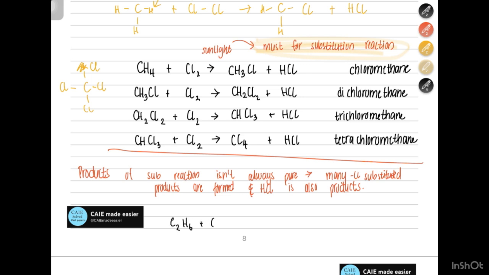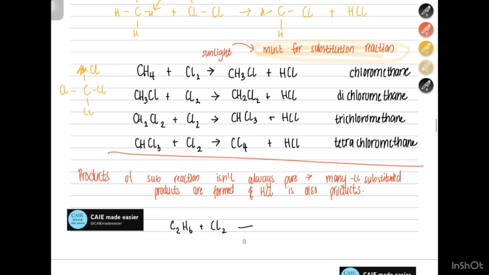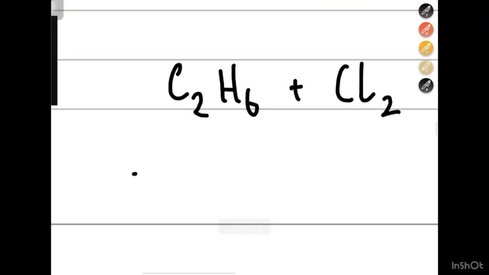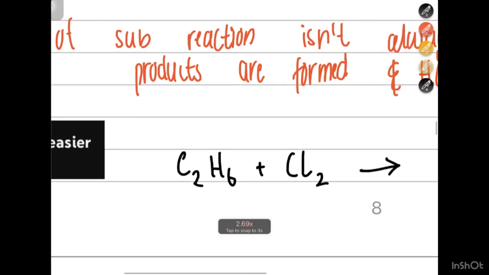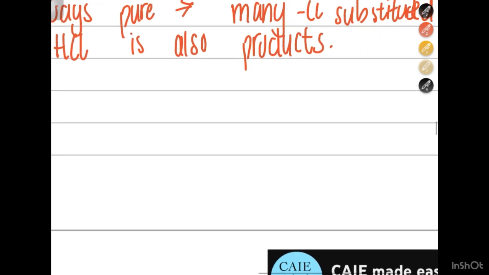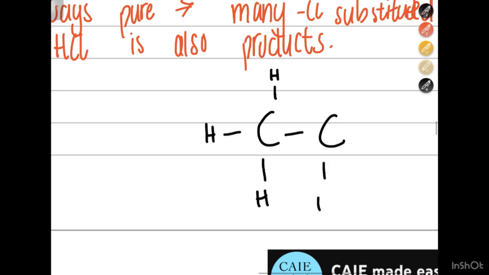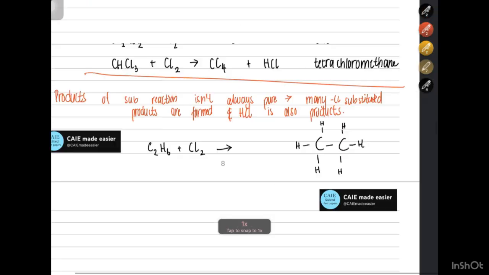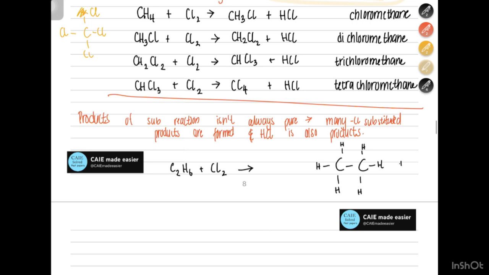C2H6 plus Cl2. What do we get here? Very easy way, just draw the structural formula. I'll draw it here. C2H6 plus Cl2.